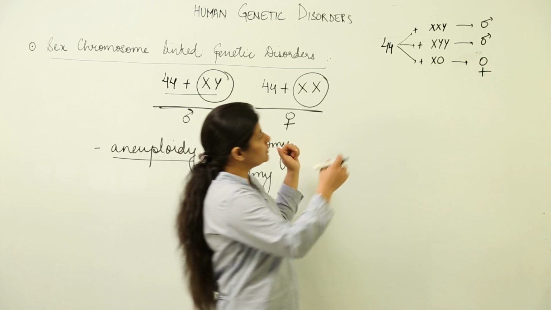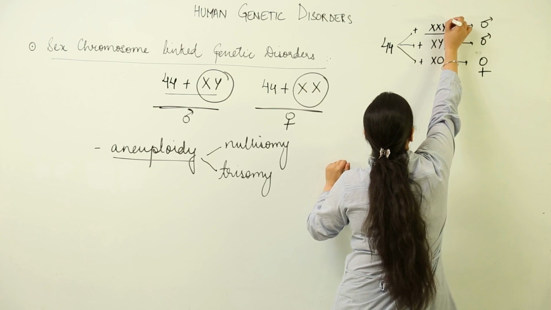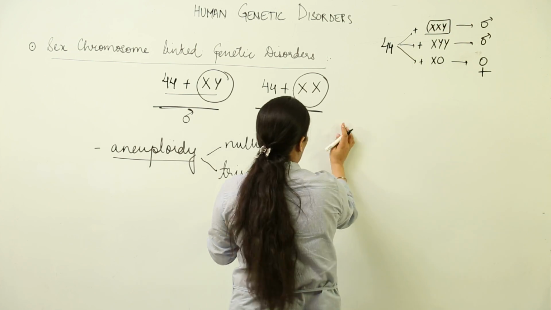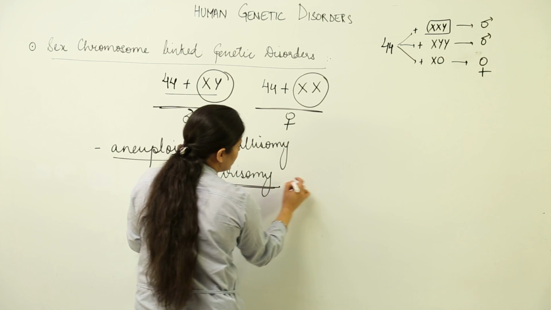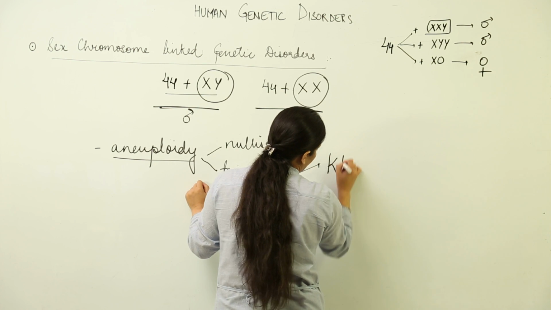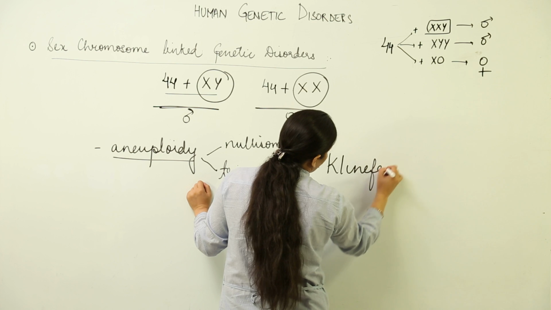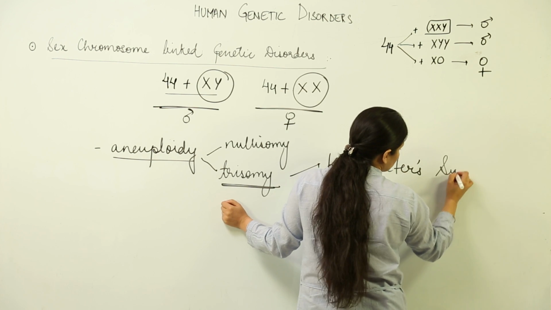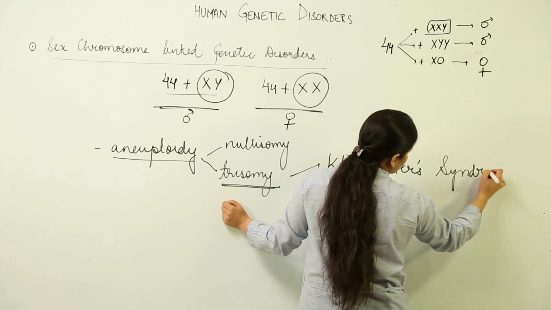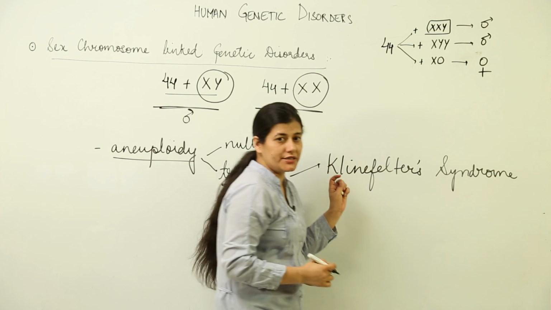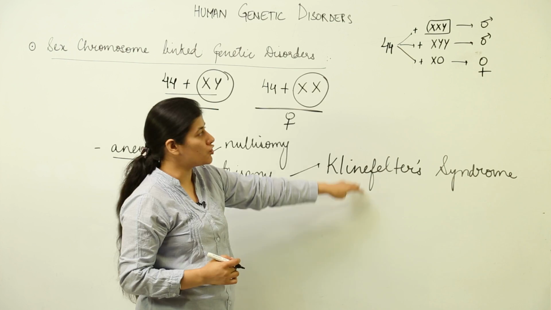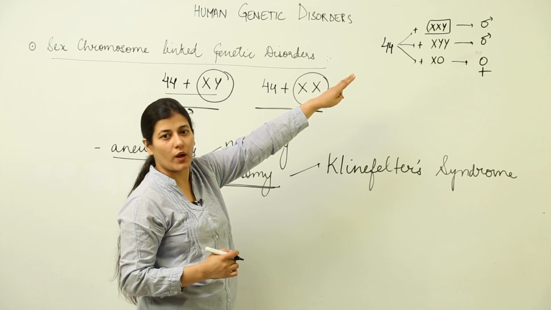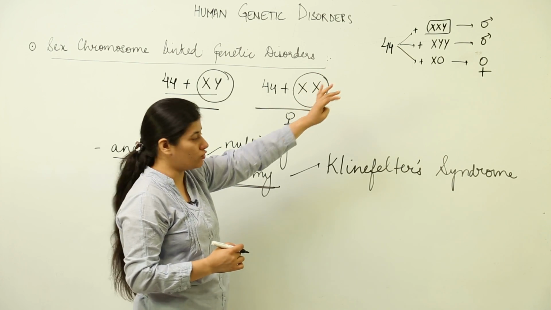Now, this condition where we have 2 X and 1 Y is known as trisomy, and it has a specific name known as Klinefelter's syndrome. This is Klinefelter syndrome where we have 2X and 1Y, trisomy of the sex chromosomes.